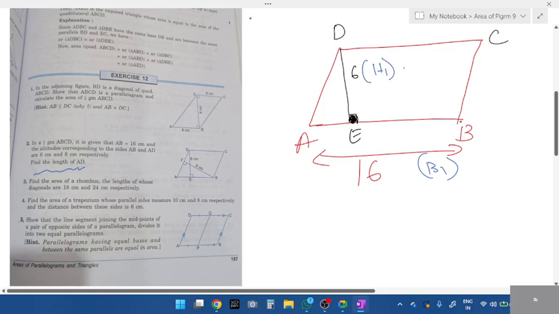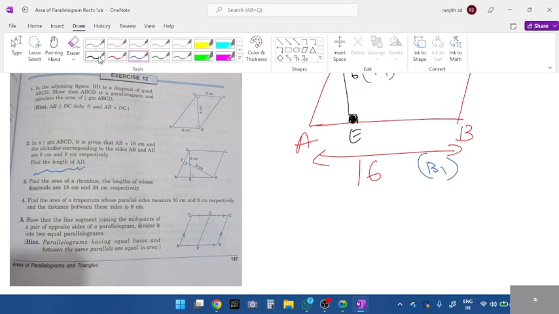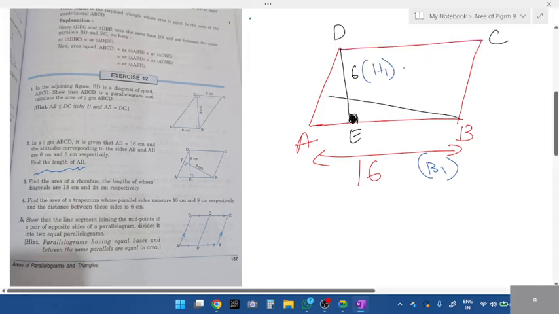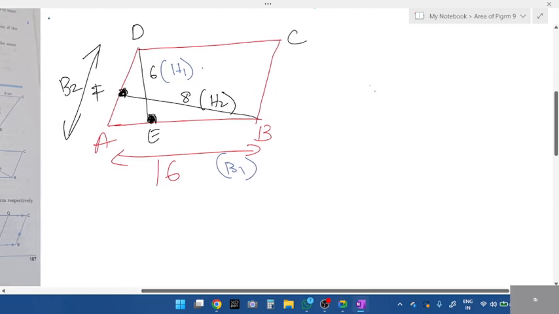Tell me the next height. What is the next straight line? BF is the next straight line. Where is that touching? So AD is the first base or second base? AD. If this is B2, what will you take BF as? H2. Now tell me all the values. What is AB? AB is B1, 16.